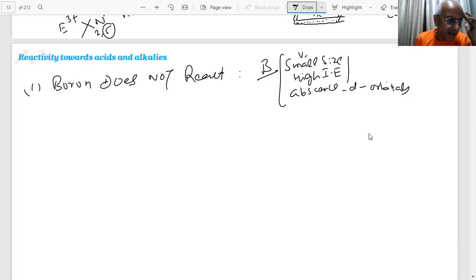But what is happening? If we see the oxide of boron, will it be acidic, basic, or what type of behavior will be there?